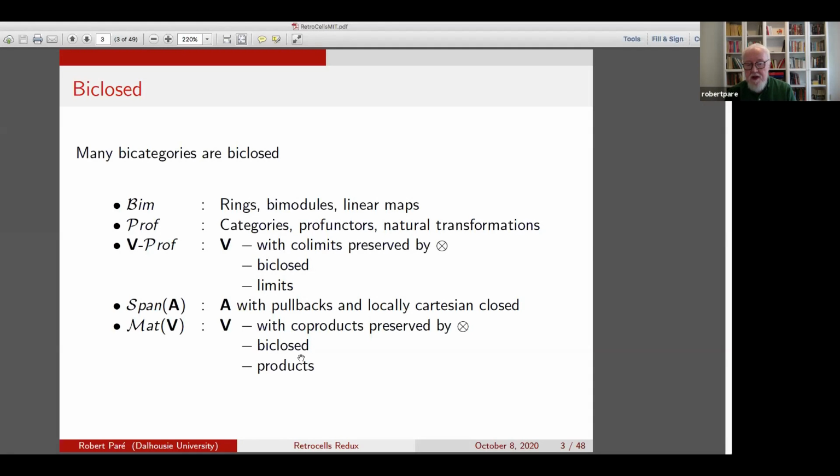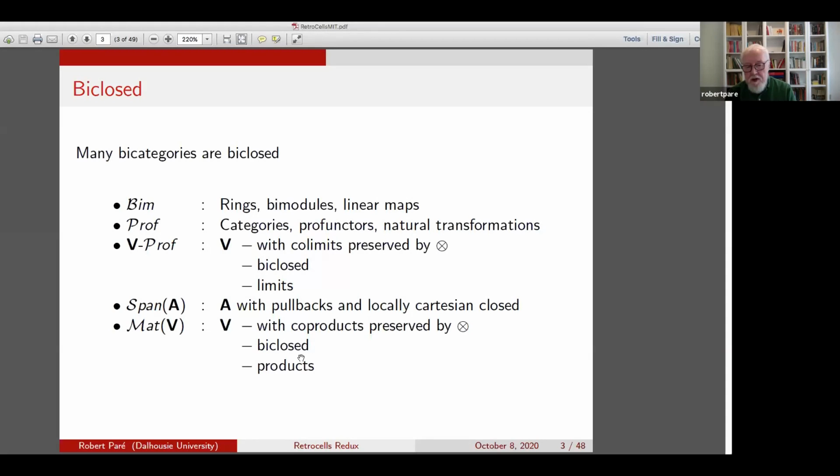And then if V is biclosed and has limits, then you get these internal HOMs. Span A, in case you don't know what Span A is, I'll explain that in a while as well. So Span A is, if A has pullbacks, you need that to make it into a bicategory, and then if it's locally Cartesian closed, Span A will be biclosed.